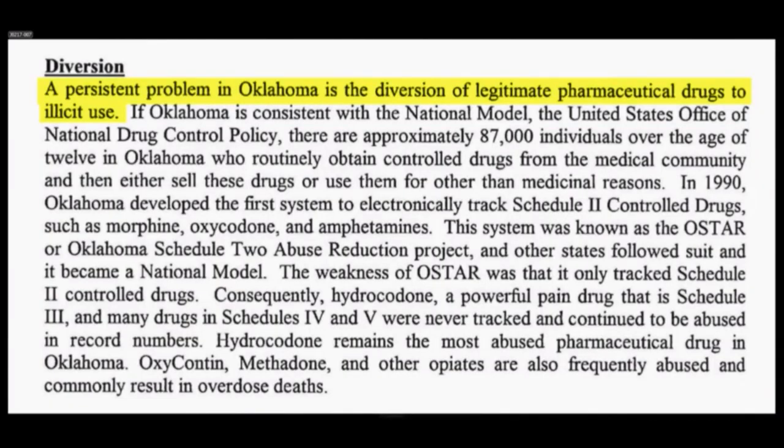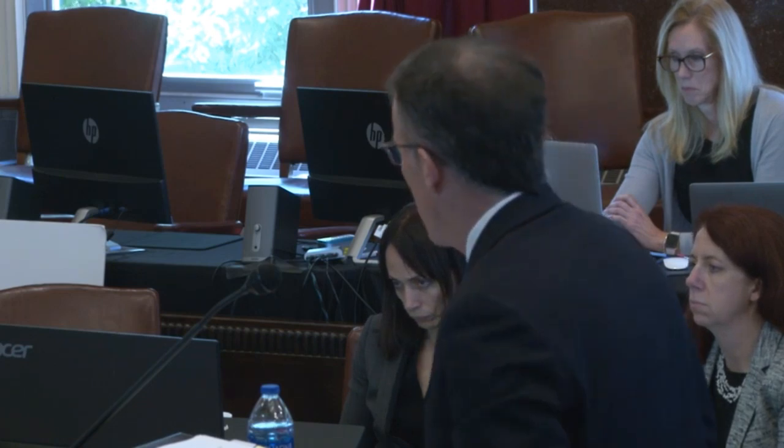And it indicates that in 1990, Oklahoma developed the first system to electronically track Schedule II controlled drugs, such as morphine, oxycodone, and amphetamines, right? I see that. And we see there what the acronym OSTAR is for, the Oklahoma Schedule II Abuse Reduction Project, right?